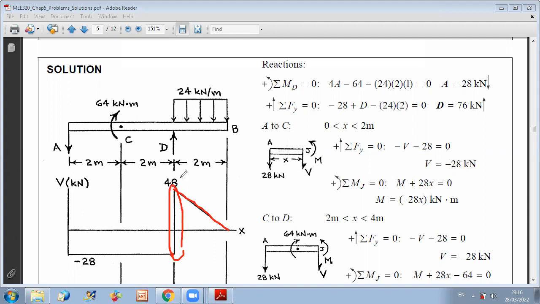So now from D to B, V is linear, so M is a second degree parabola.